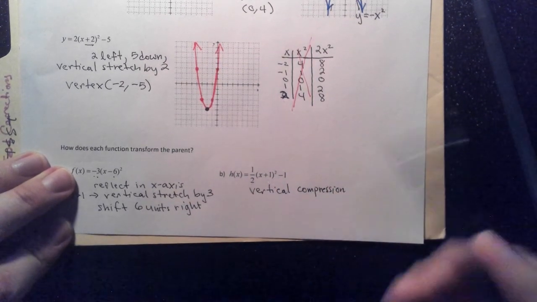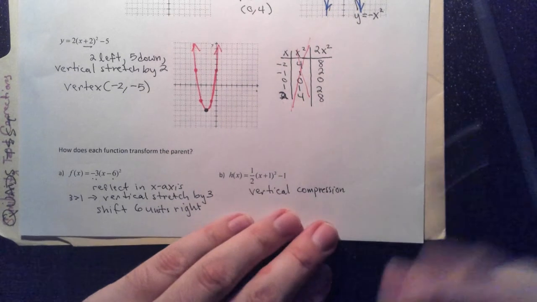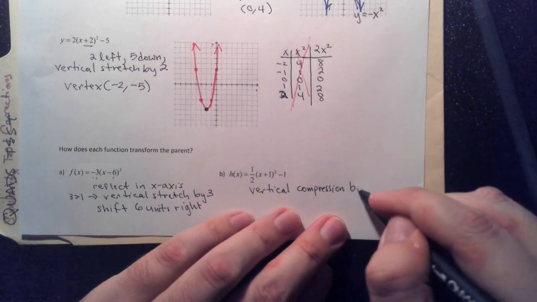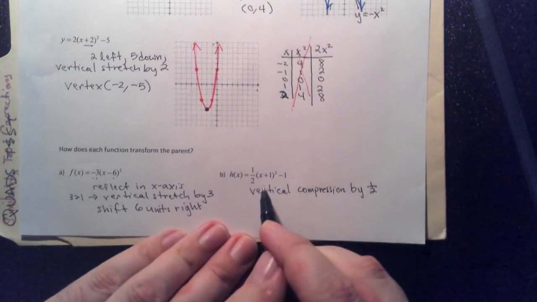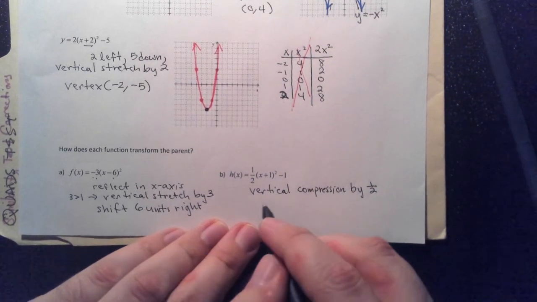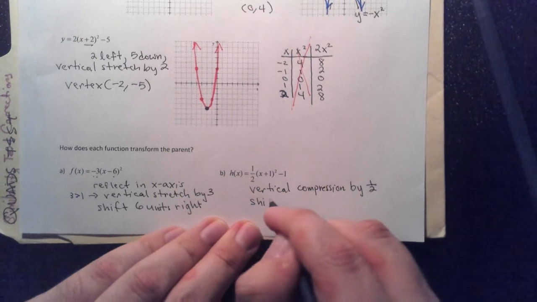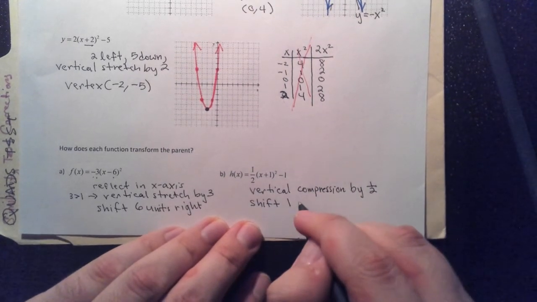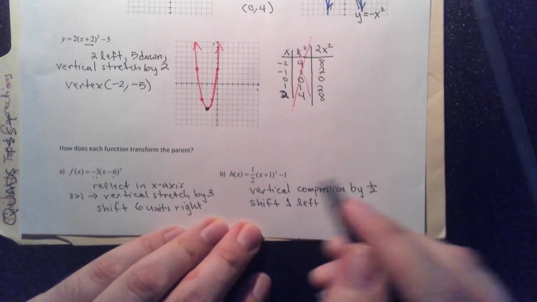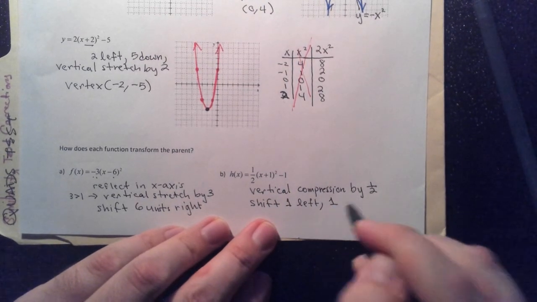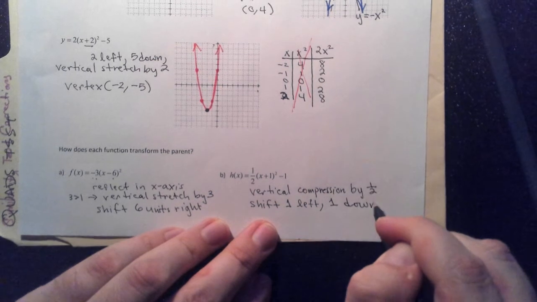Which would mean rather than rising faster, it'll rise a bit slower. I see plus 1 inside, which means I will shift 1 to the left. And I see minus 1 outside, which means I will also shift 1 unit down.